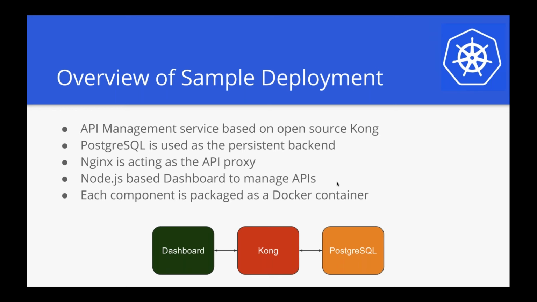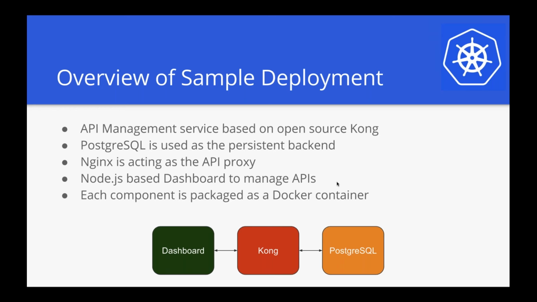It doesn't really store anything, and the persistence is moved to either PostgreSQL or Cassandra. That is going to manage the state. And you can scale out Kong depending on your scaling requirements. And since it doesn't contain any state, you can freely scale them across multiple nodes.